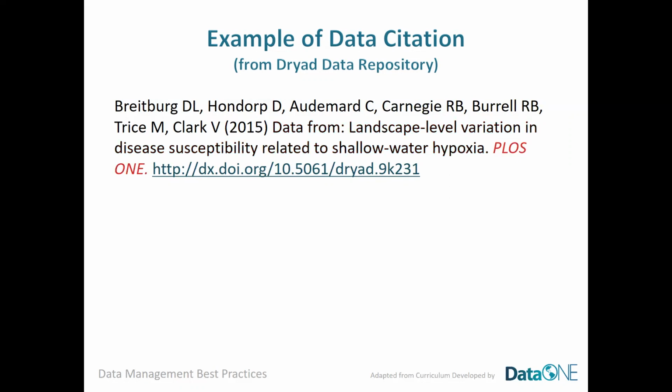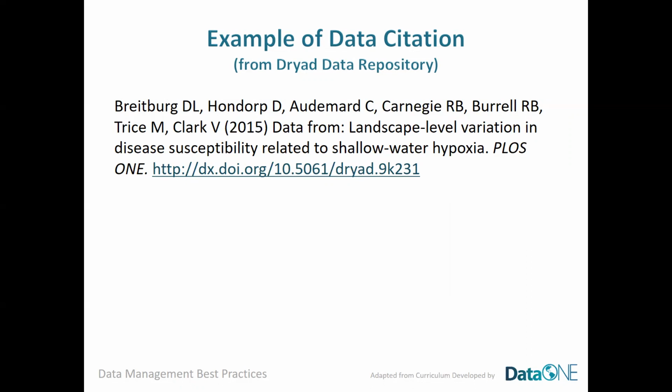In this case, the data set is connected to an article within the PLOS One journal, but then you see that we have a DOI, which is that last link there, and that's a digital object identifier, which identifies exactly where to locate that data set.